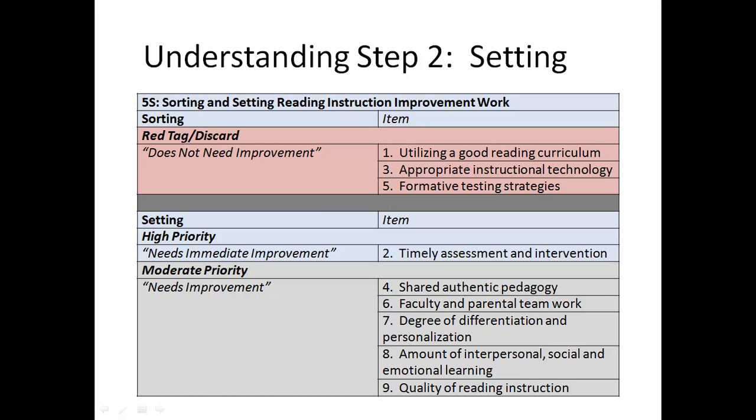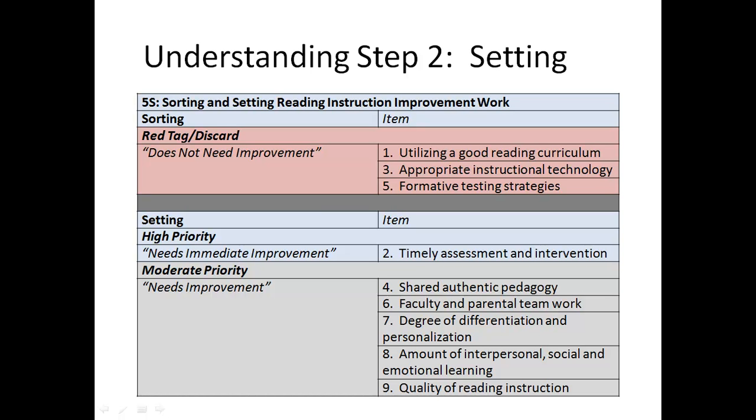So as you saw from the previous slide, we identified already that we have 3 categories here. Strategies 1, 3, and 5 don't need improvement. Strategy 2 is a very high priority, critical strategy. It needs immediate improvement. And then strategies 4, 6, 7, 8, and 9 need moderate priority. They need improvement, but we need to definitely fix number 2.